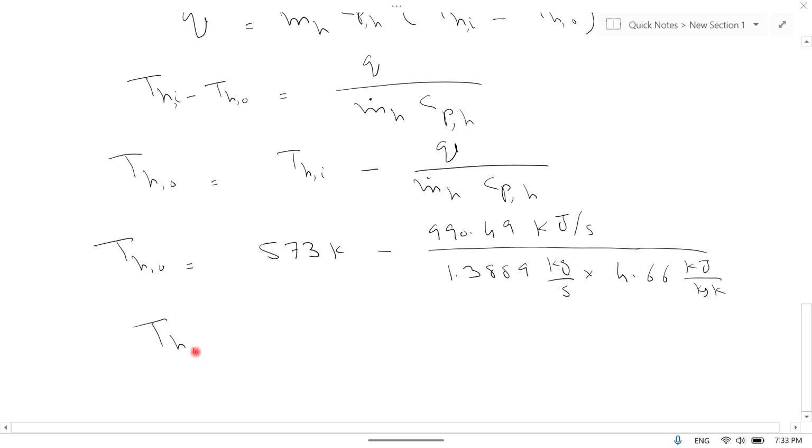So the temperature of hot water outlet is equal to 573 Kelvin.